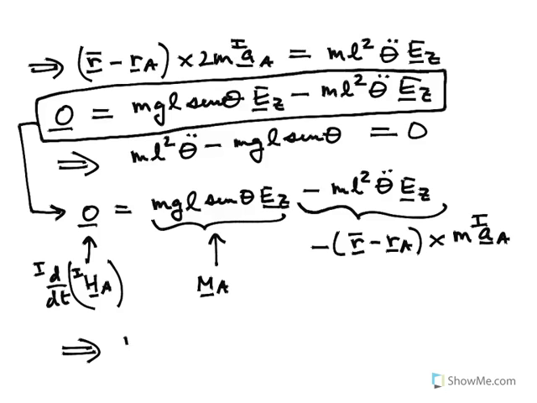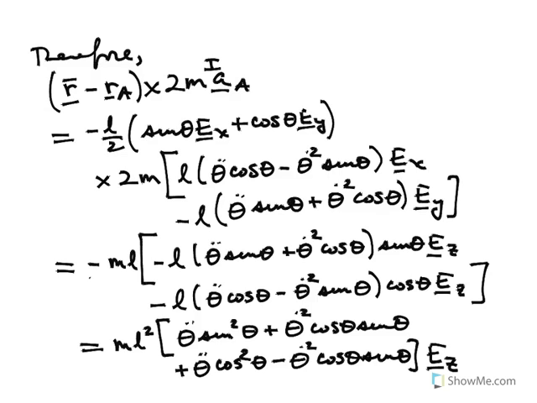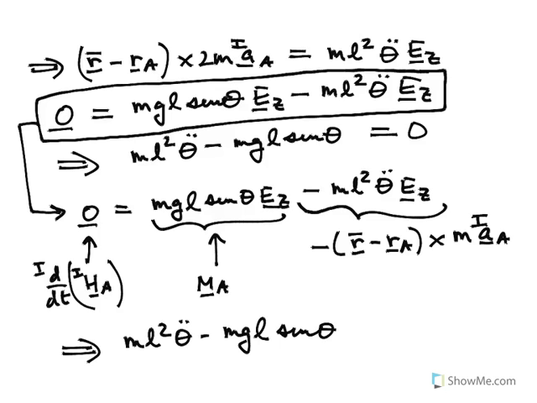So we get that mL squared theta double dot minus mgl times the sine of theta is equal to, and you actually can see that when you do all this, the 2 actually drops out with the m, and this is equal to 0, and that is the differential equation.